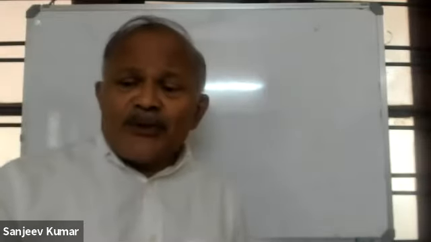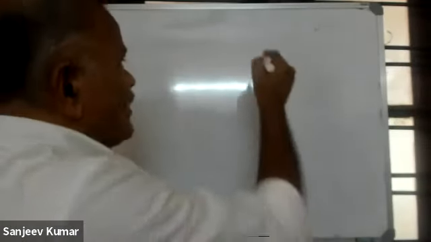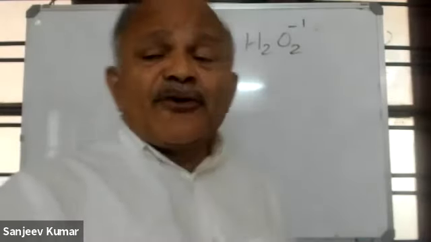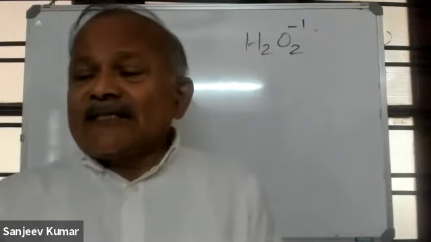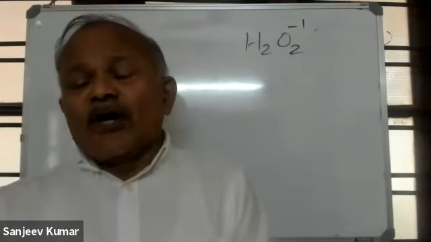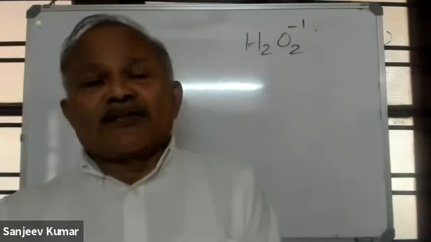It is -2. In water, it is -2. In peroxide, it is -1. In superoxide, it is -1/2. And in OF2, it is +2. Yesterday, we mentioned this. Anyway, in hydrogen peroxide, the oxidation number of oxygen is -1.